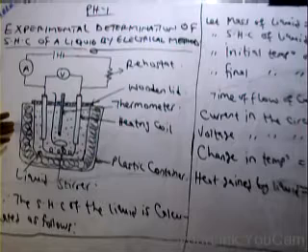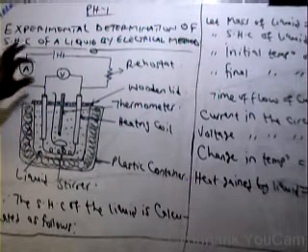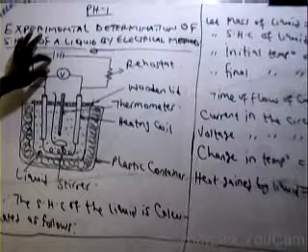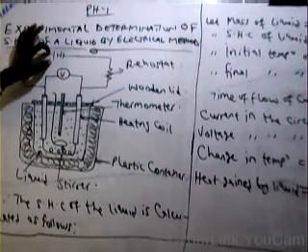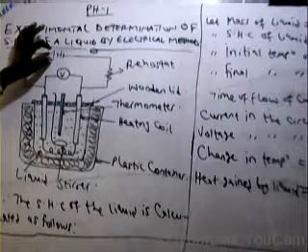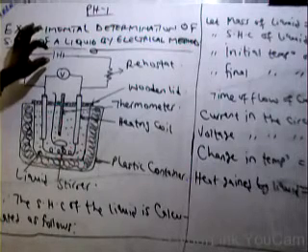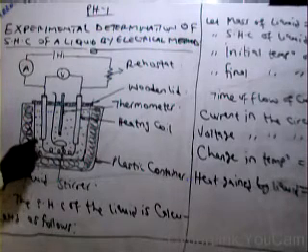We have a plastic container. We have an ammeter. We have a voltmeter. We have the source of EMF, a battery. It can be a battery, it can be any other source of electrical energy. So we have what we call the electrical heater.